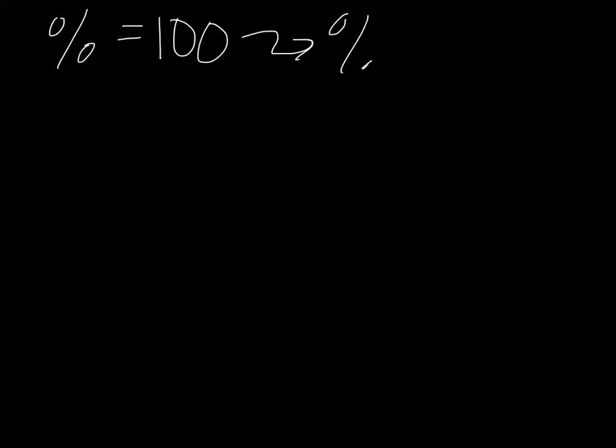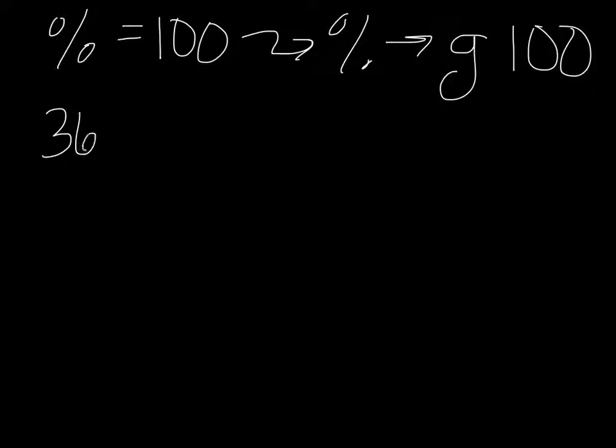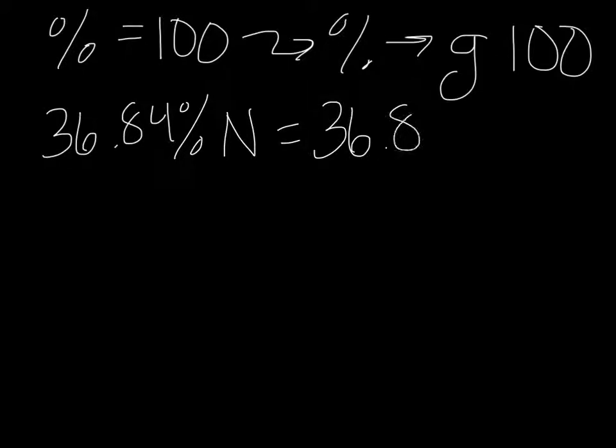So my first step is I'm going to assume that my percents equal 100, and therefore I'm going to change my percents into grams, out of 100. So if I have 36.84% nitrogen, that's equal to 36.84 grams of nitrogen.